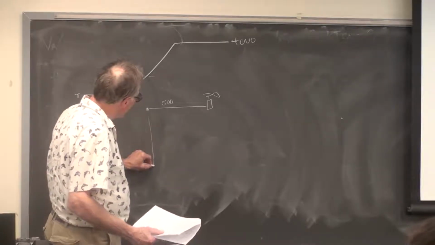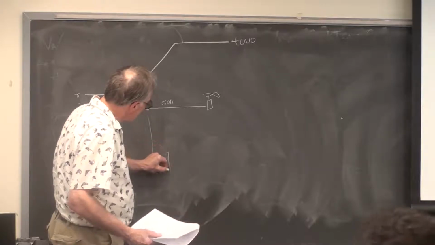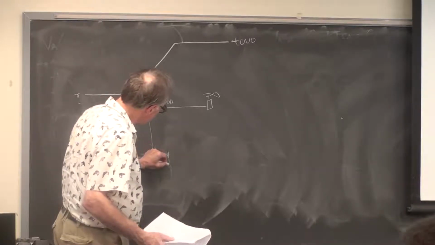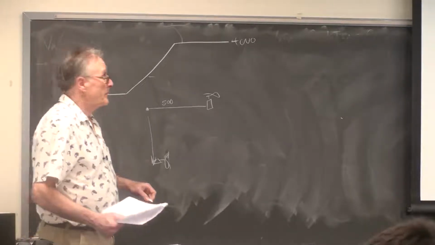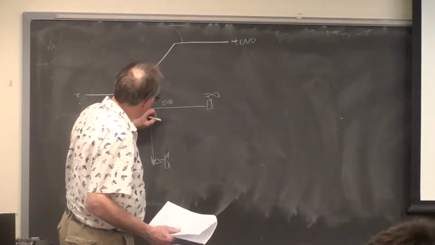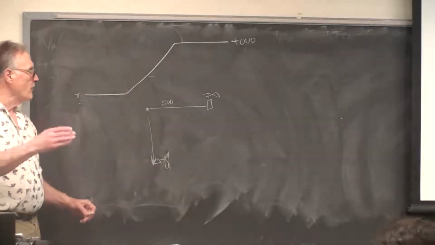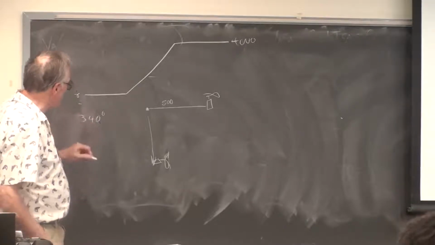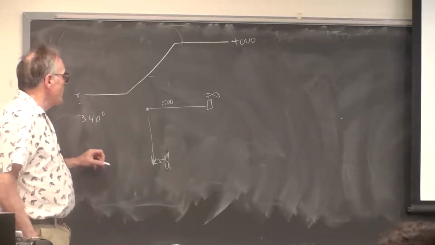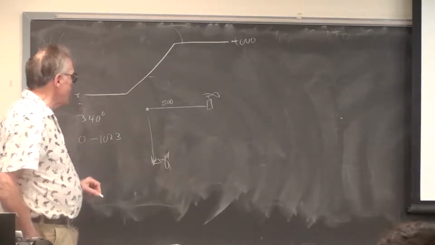If that's true, then when the beam is hanging straight down, as we go through 340 degrees, I believe it is, the ADC is going to go from 0 to 1023.